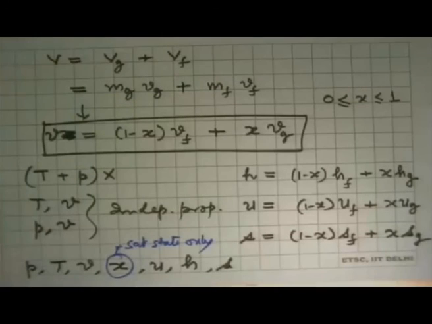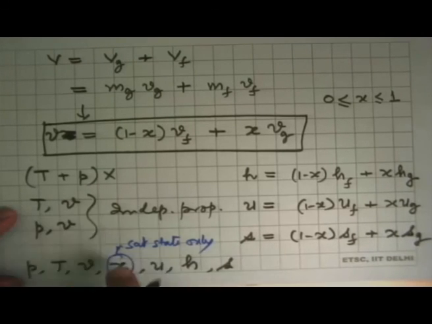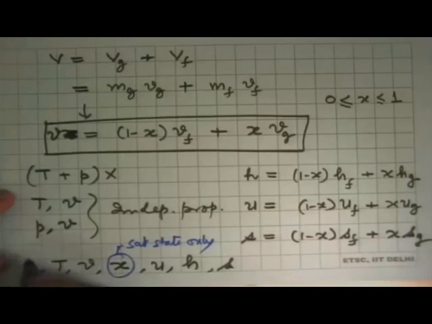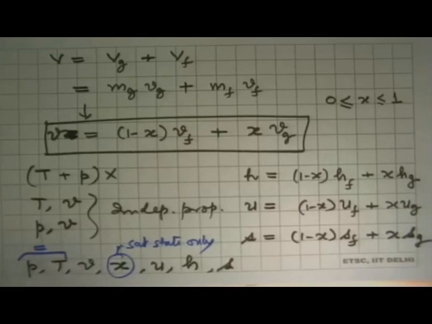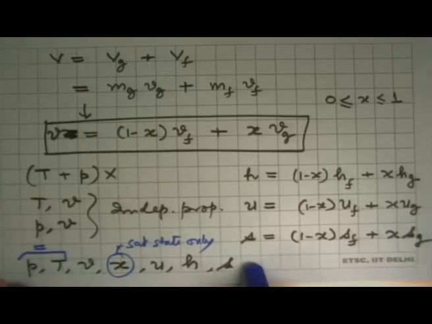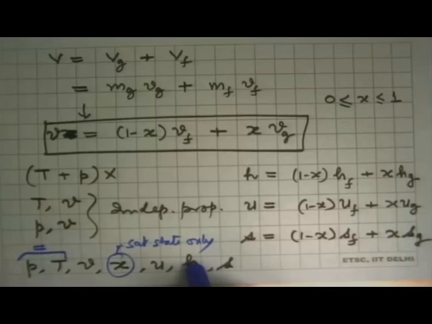If it's a superheated vapor, we don't say x is equal to 1. x is not defined for states other than the saturated state. For the saturated state, x is defined, and these two are interdependent; they are one and the same. Otherwise, in general, any two independent properties out of these will completely specify the state of the system. So if I know u and h, good enough. The state is uniquely specified.